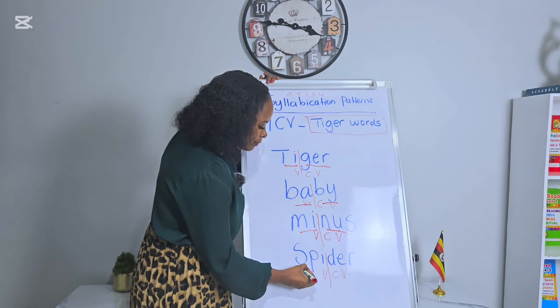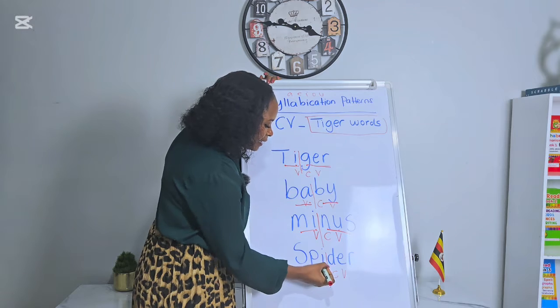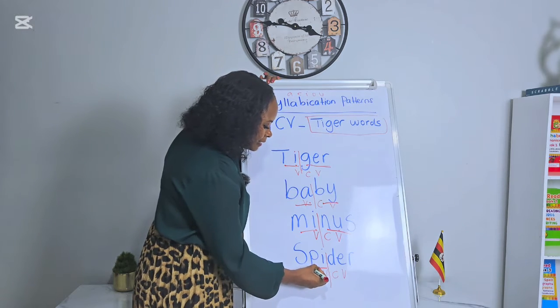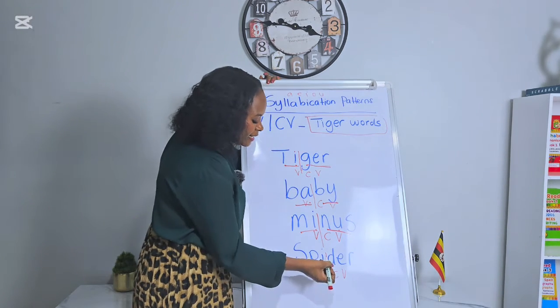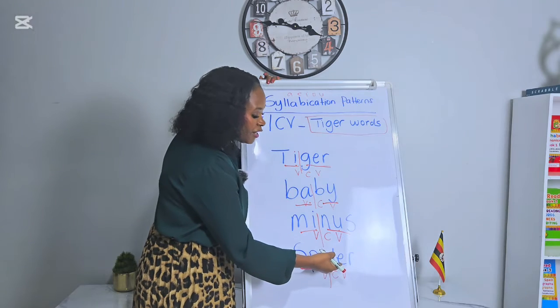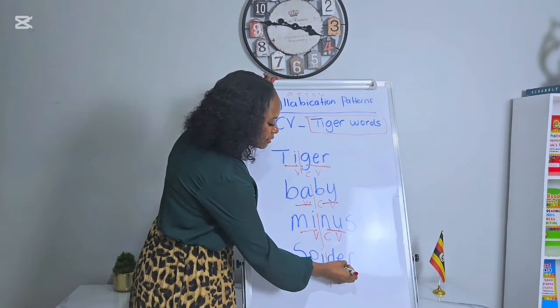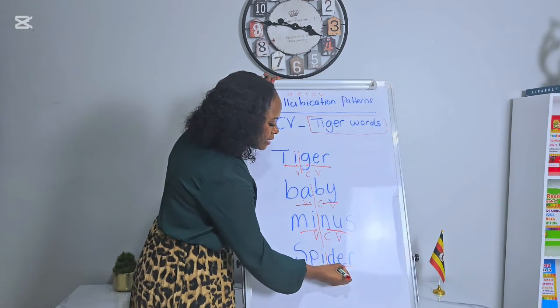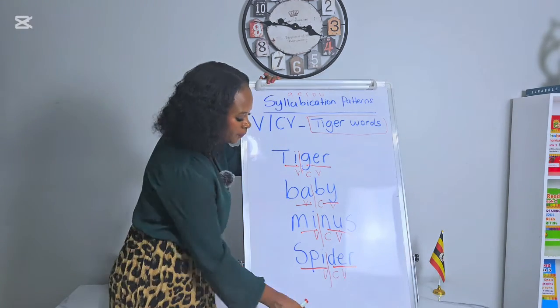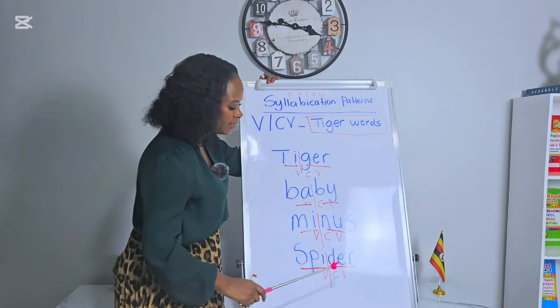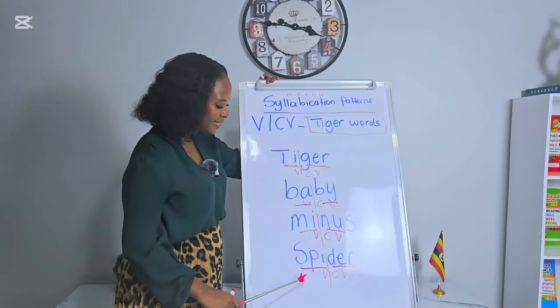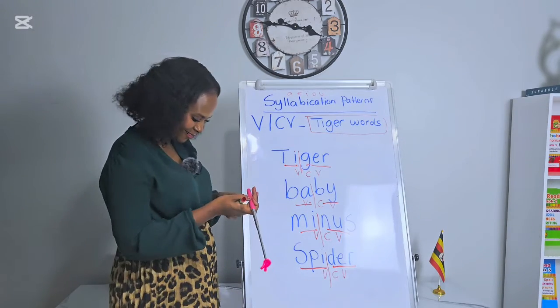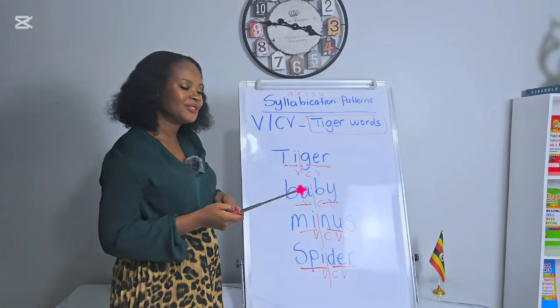Okay, let's read this first part. Spy. One more time. Spy. Okay, next part. D. What do we know about ER? ER make the sound er. Okay, D, R. Blend. Der. We have two parts. Spy, der. Blend. Spider. Great. That's what you're going to do.